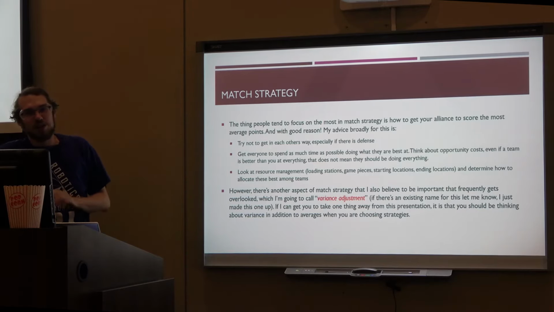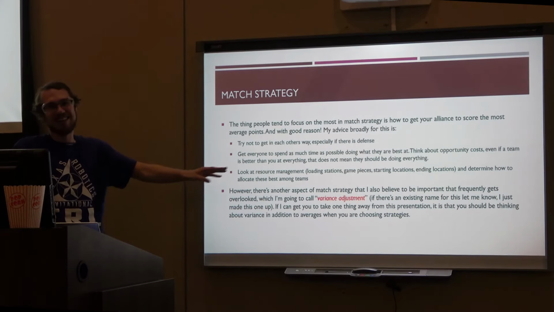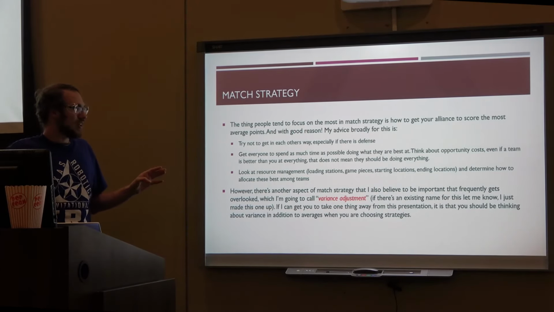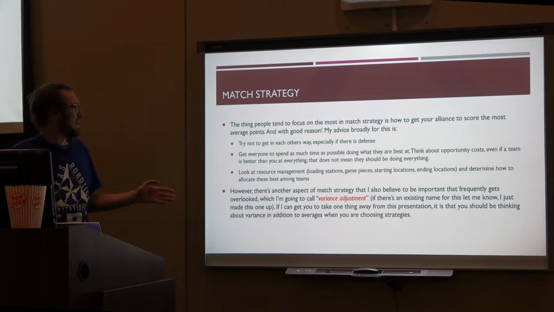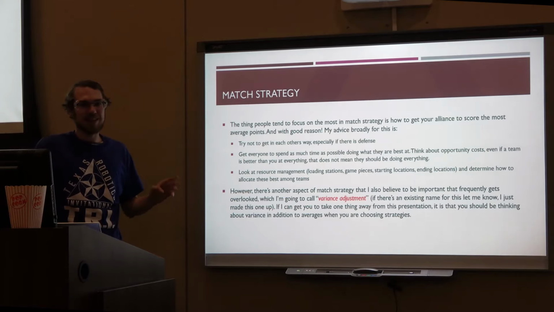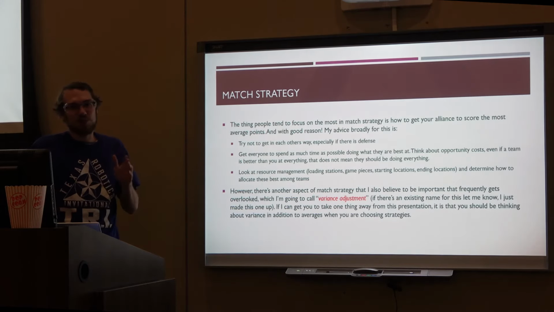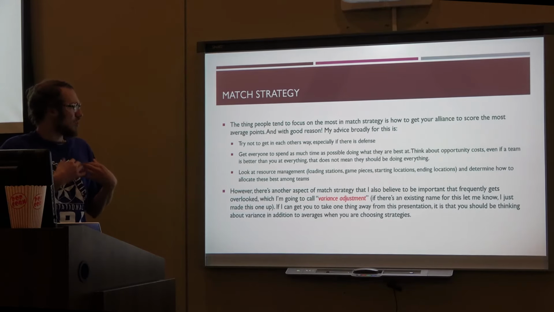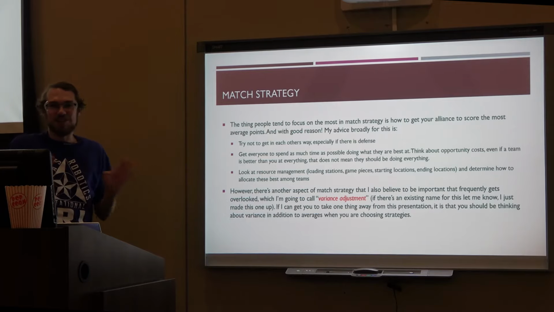So even if you're with, say, 148 on your alliance, and 148 is better than you across the board in cargo and hatches and endgame and all of those, you need to think about opportunity costs, because the best way to use the teams on your alliance is to try to get everyone to do what they are best at. So if you're best at hatches, if that's the thing that your team is best at, you should try to do that, and then have Robo Wranglers come in and do cargo.